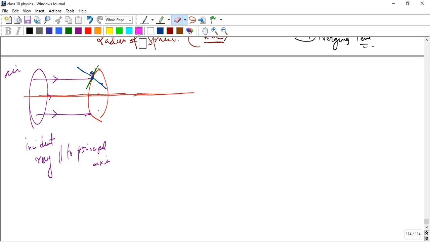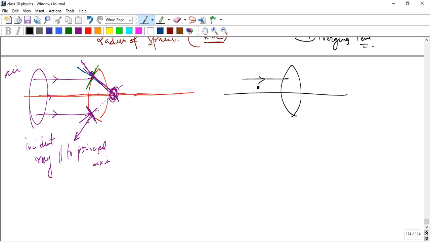If I draw the line of incidence, the normal and the refracted ray, and dotted lines back, these three rays of light meet here.